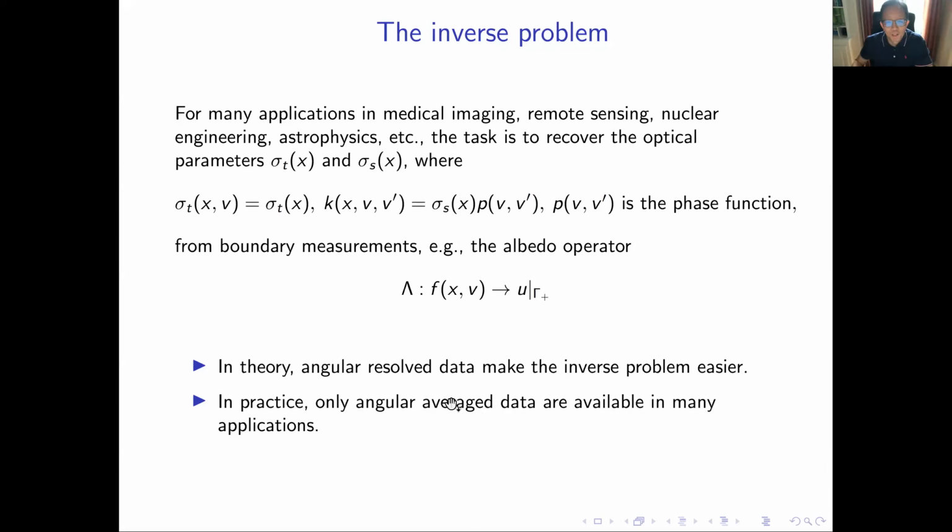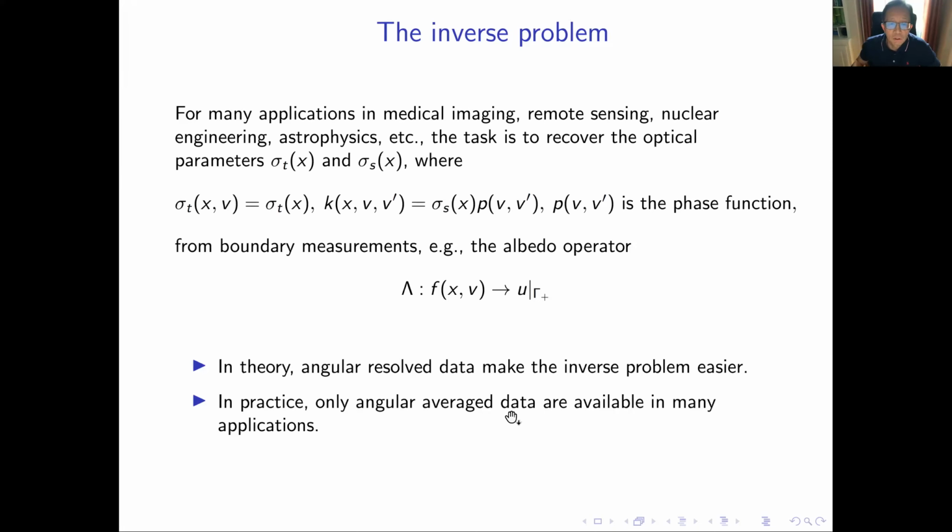But in practice, angularly resolved data is usually difficult to get. You have to send particles in different directions and make very good measurements, and usually it does not have enough signal-to-noise ratio because the particle count you collect in a particular direction is quite small.